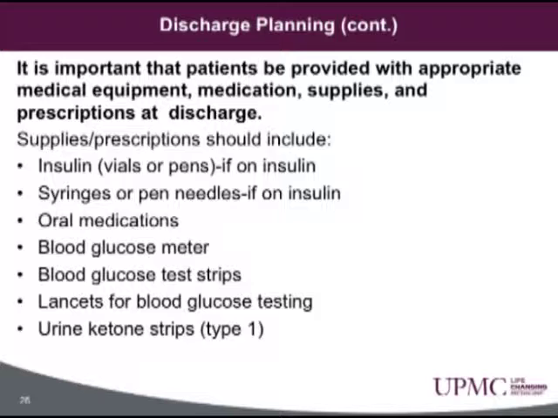A prescription for your oral medications, a blood glucose meter, a prescription for blood glucose test strips, a prescription for lancets for blood glucose testing, and in type 1 individuals, they need the urine ketone strips. In case their blood sugars go really high for whatever reason, if they go 240 or higher, they need to test for ketones because that tells them whether they're going into diabetic ketoacidosis. So they need to have those on hand.